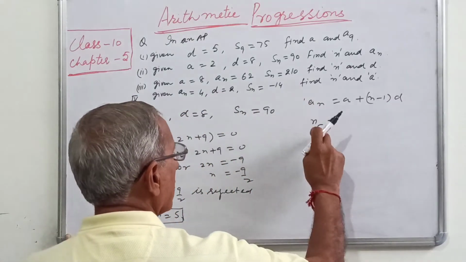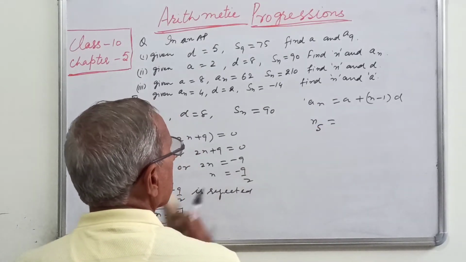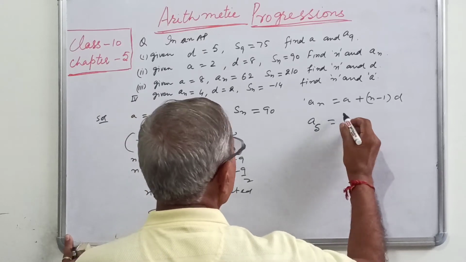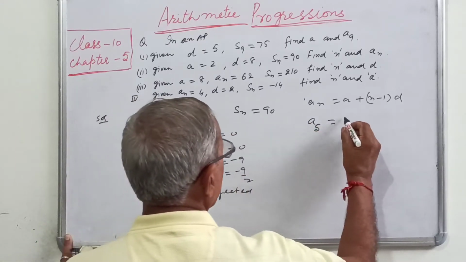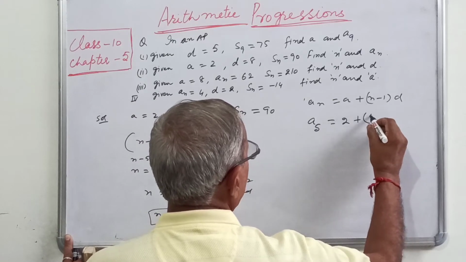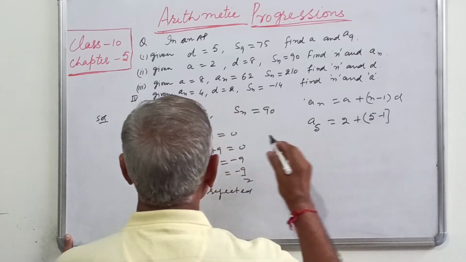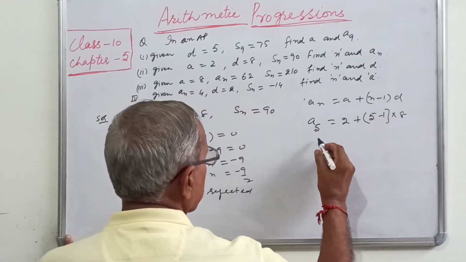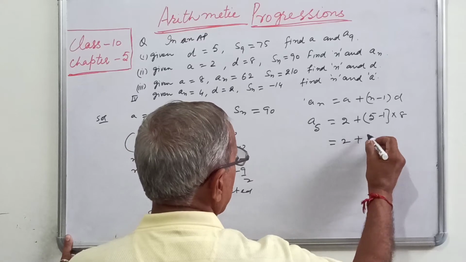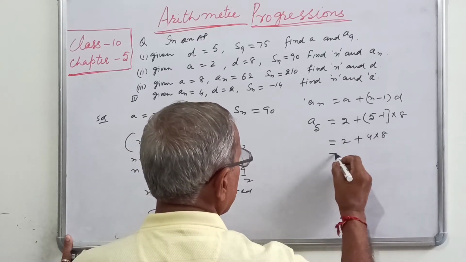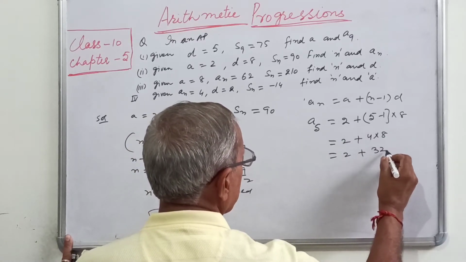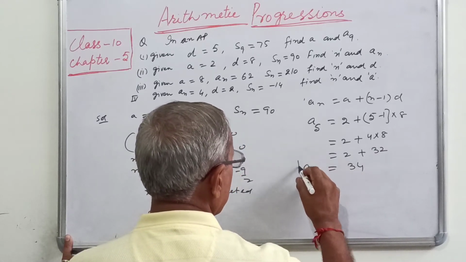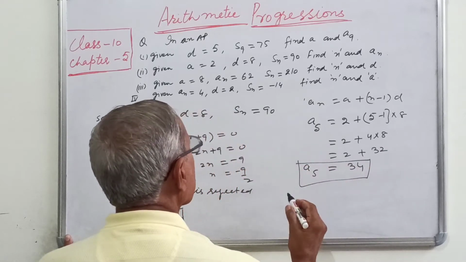So n is 5 and a5 will be, the value of a is 2, n is 5 minus 1 and d is 8. 2 plus 4 into 8, 2 plus 32, that is 34. So A5 is 34.